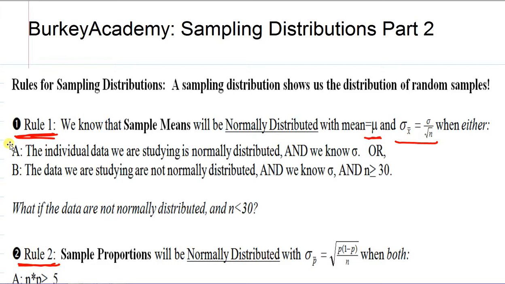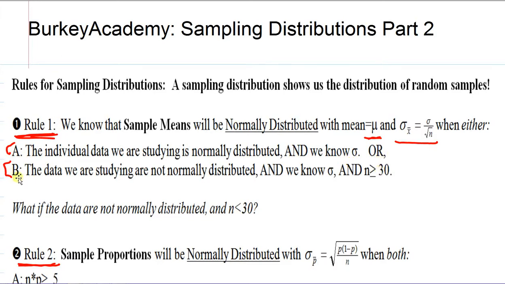So the point is, don't use the normal distribution unless you can either say that A is true or B is true. A says the individual data we're studying has a normal distribution itself, and we know the population standard deviation of that distribution. And we'll go through a couple of cases to look at what this means.